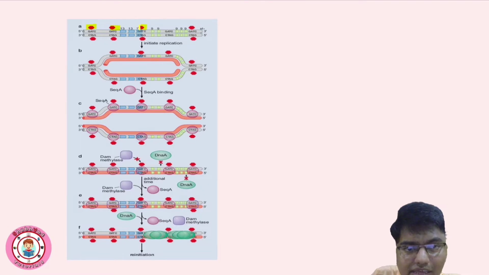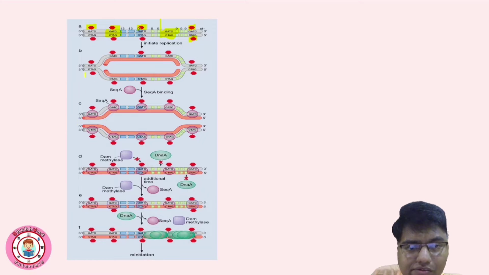Here is a sequence known as GATC. Methylation takes place on the adenine of GATC, right? So this is a sequence. Now replication is initiated when these are fully methylated. Both the strands are methylated.